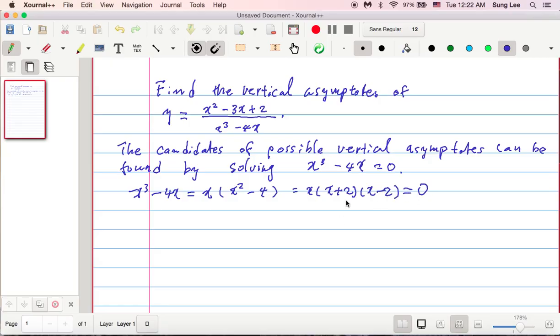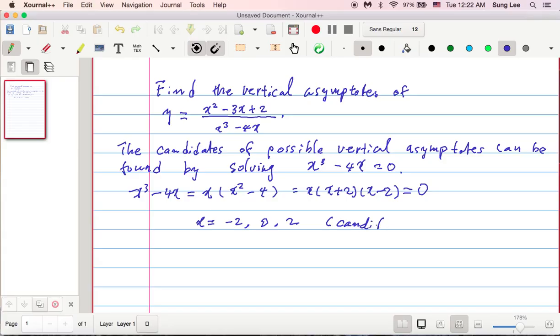So set it equal to 0. We have three possible solutions: x equals, in this case, negative 2, 0, and 2. So they are just the candidates.